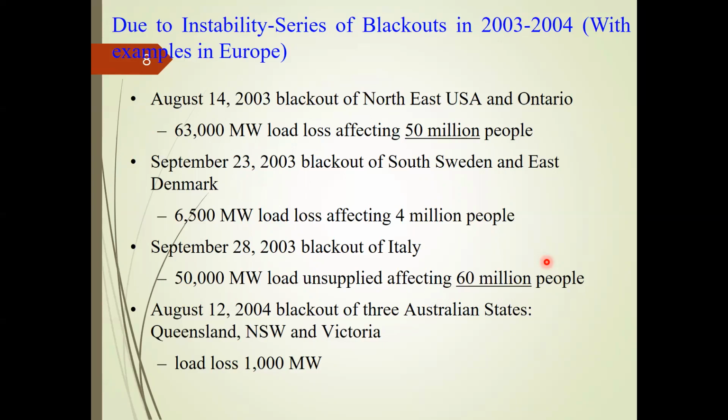Let me tell you, it was not actually a system disturbance, either a load change or a generator change. It was basically a cyber attack. Your power network is now all interconnected through the communication network, and some people intruded through the communication network and manipulated the valve position of the steam turbine.